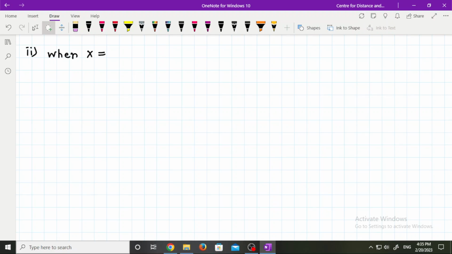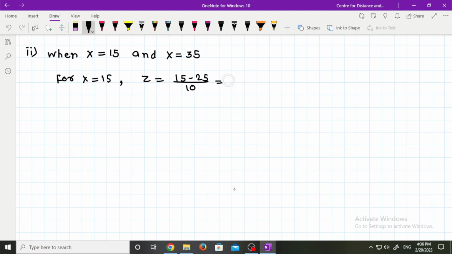Now similarly we find out for x is equal to 15, x is equal to 35. First we find out z values. For x is equal to 15, z is equal to x minus 25 divided by 10, that is 15 minus 25 divided by 10, which is minus 10 divided by 10, equal to minus 1.